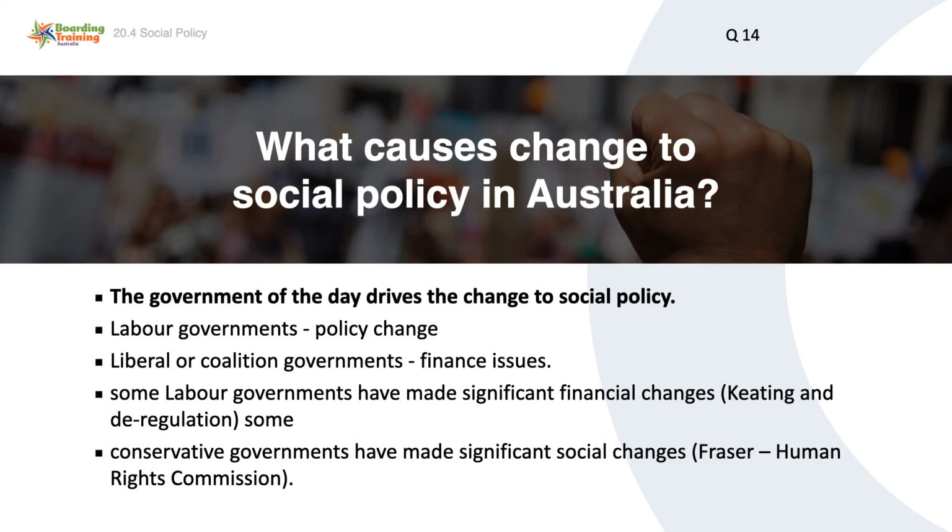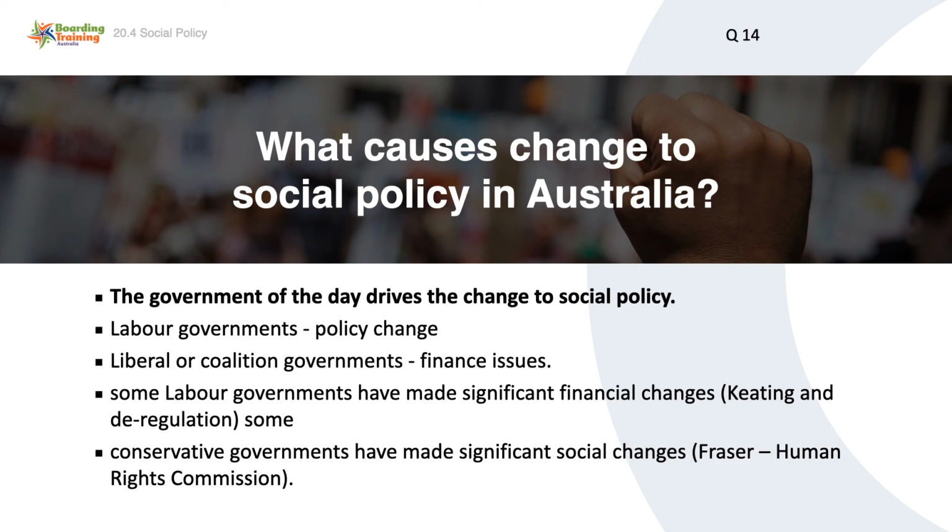We want to look at what causes change to social policy in Australia, and this will help you with question 14. The reality is that the government of the day drives change to social policy, or they cause the change to social policy. Labor governments typically change social policy in Australia. They're the ones who change social policy.